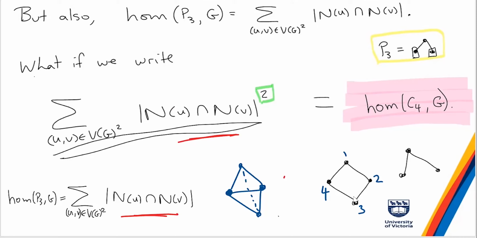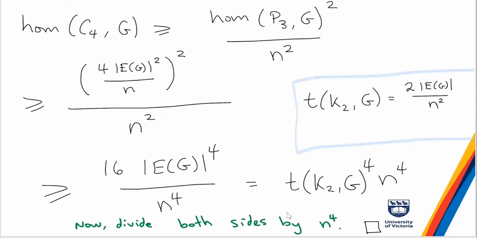There could be an edge between the vertices I choose as 1 and 3 or not, whatever.